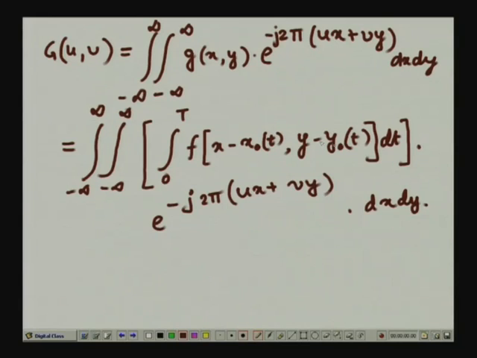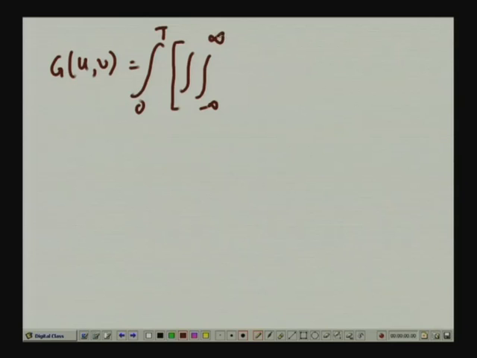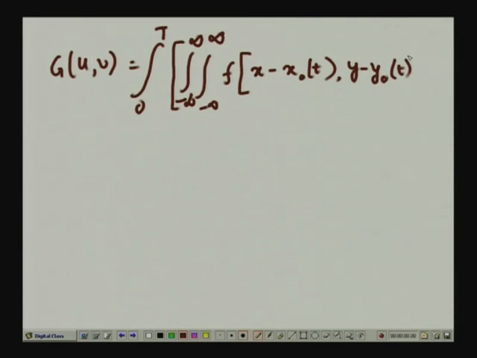If we reorganize this integral equation, we can write G(u,v) as the integral from 0 to T of the double integral over minus infinity to infinity of f(x minus x0(t), y minus y0(t)) dx dy, into dt.